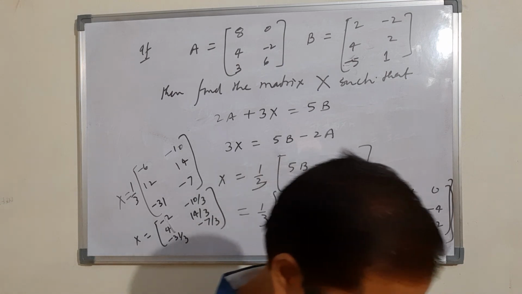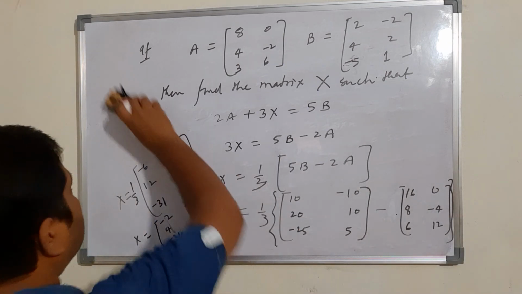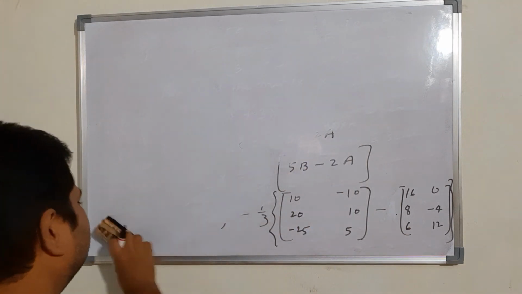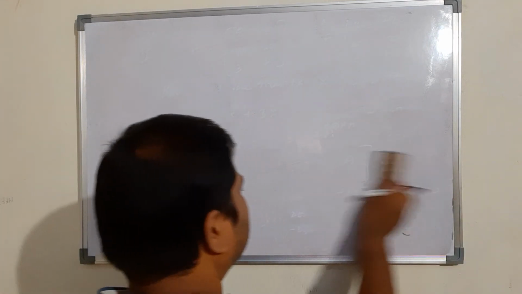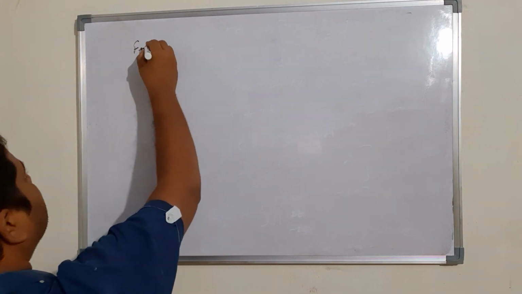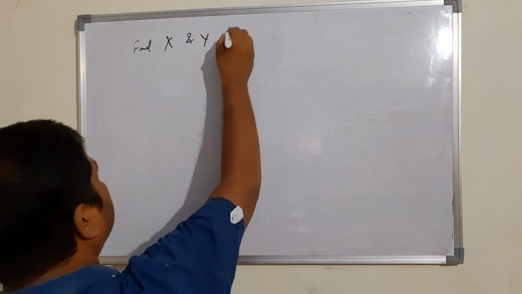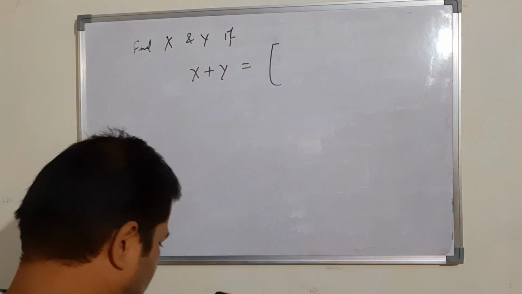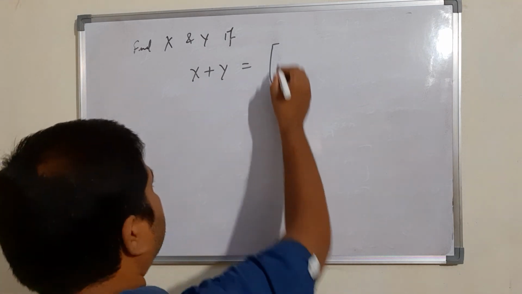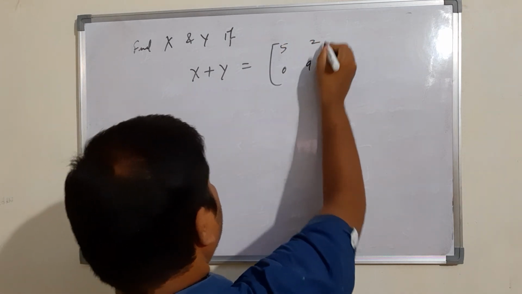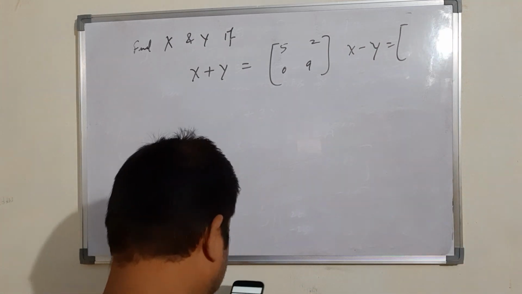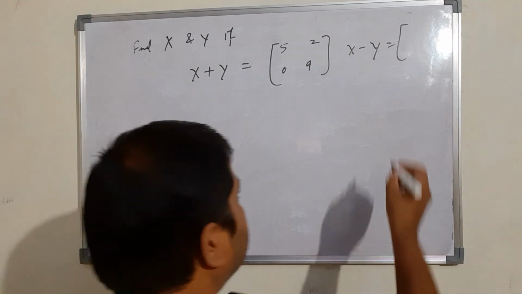Find X and Y if X plus Y is equal to 5 2 0 9, and X minus Y is equal to 3 6 0 minus 1.